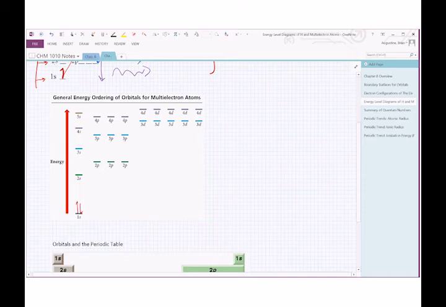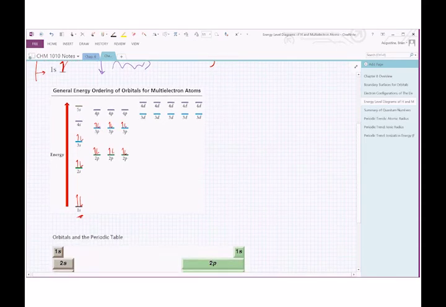That's the same. Then the next one we fill in is the 2s. So think of this as being like a concert, and you want to be right next to the stage. 1s are the closest ones, then 2s are the next one, then the 2p's are the next ones that we fill. Then the 3s are the next ones we fill, then the 3p's.